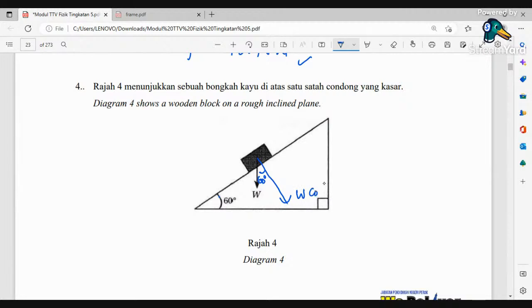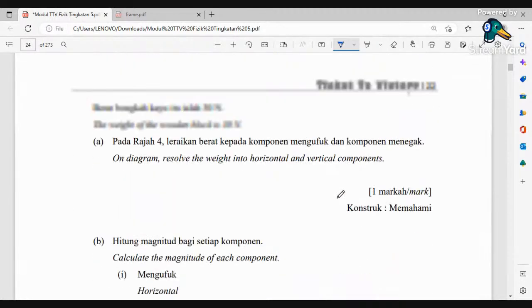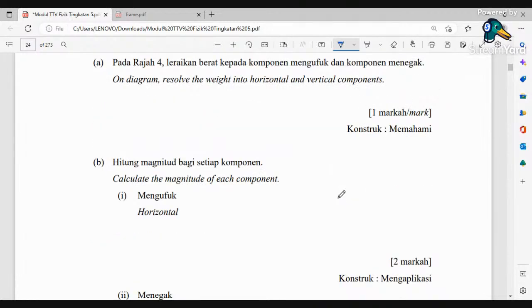So this one is W cos 60. The parallel component is W sin 60. Okay, calculate magnitude of each component. Okay, horizontal component W sin 60.